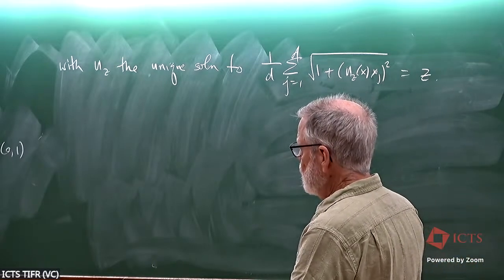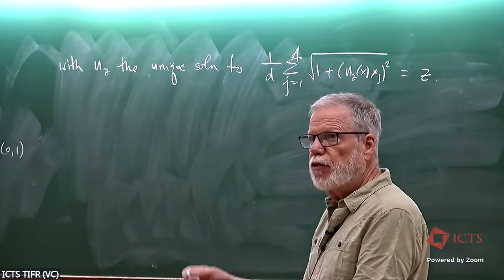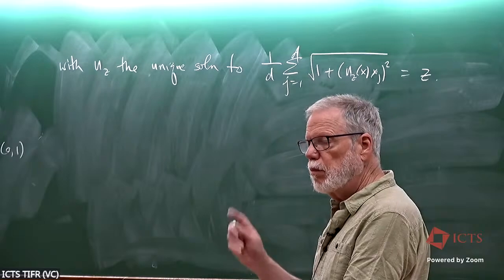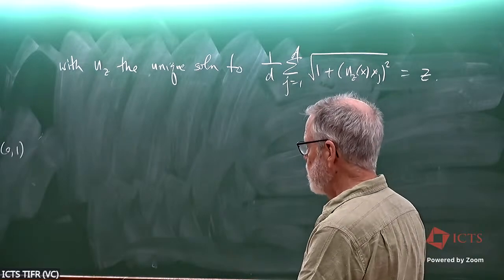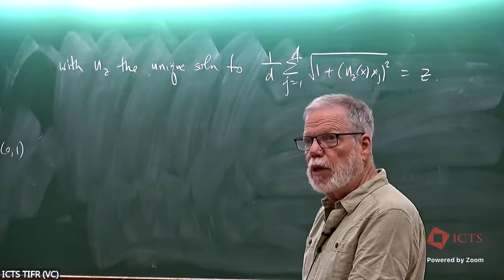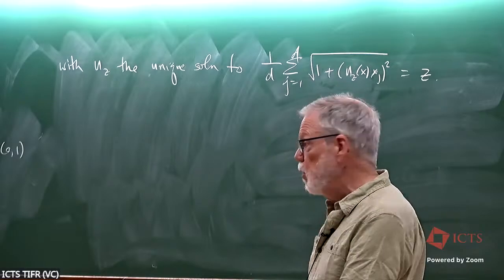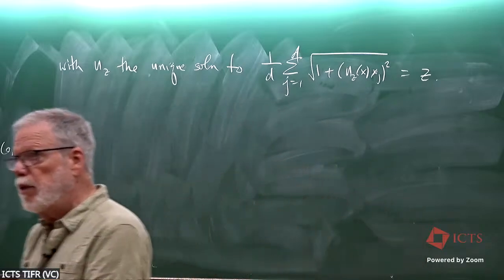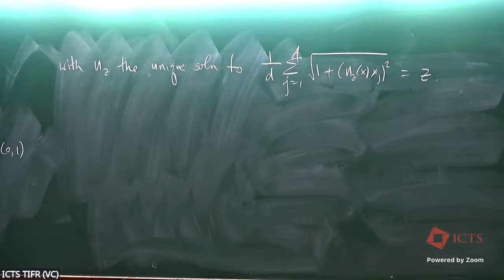So you can plot this in my paper with Emmanuel Mishta, which is referenced in the abstract to these lectures. You can find plots of this norm as a function of z in dimensions 1 and 2. It's monotone in z. It varies between the L1 norm at z equals 0 and the L2 norm at z equals 1, the critical value.